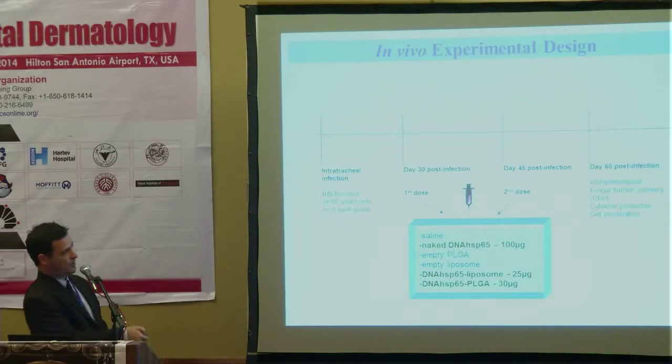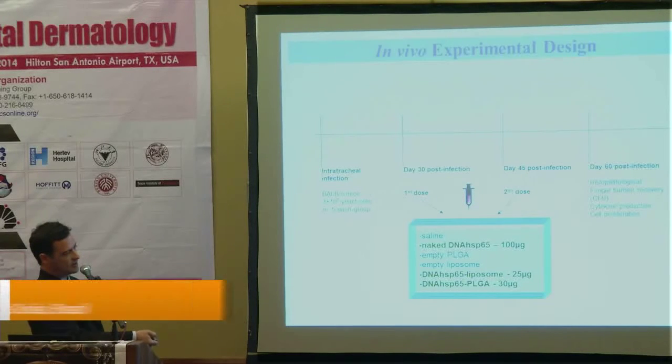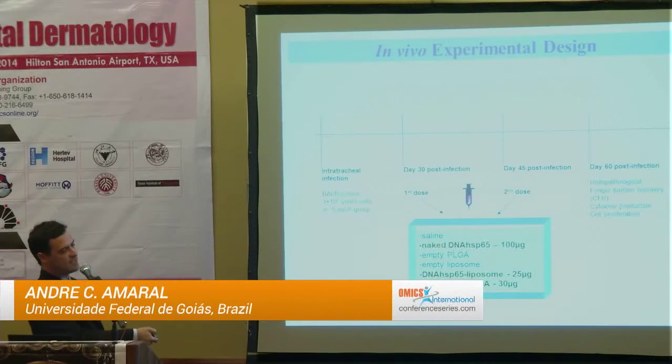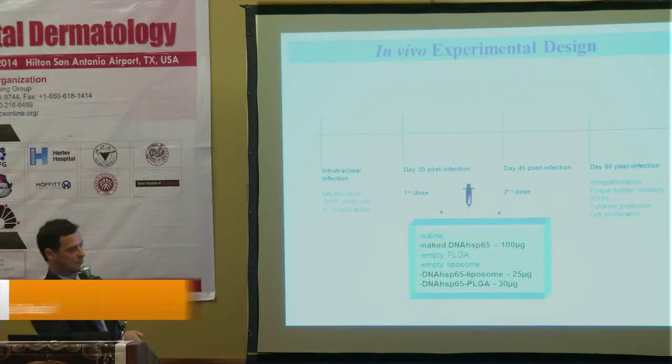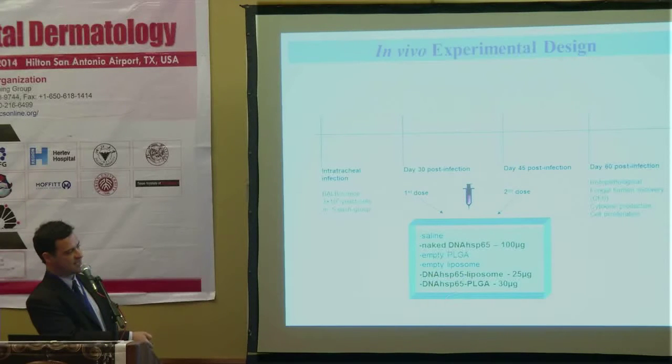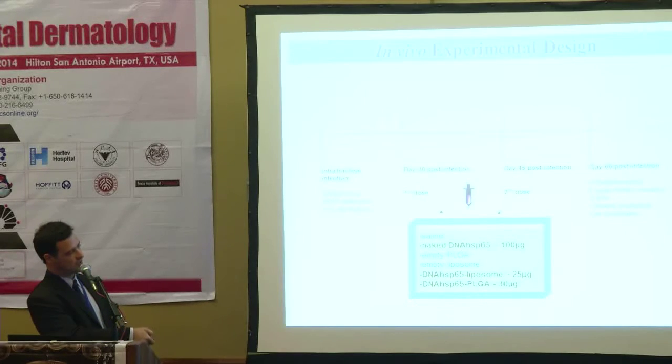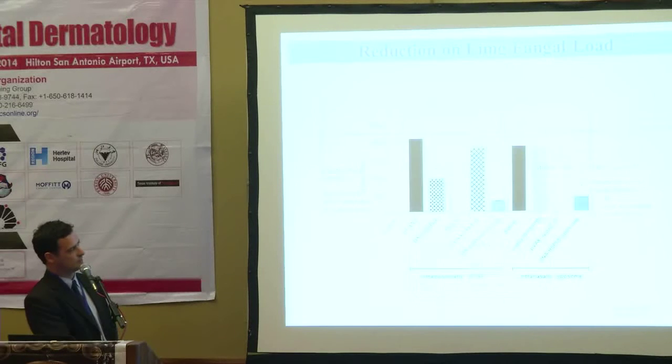For our nanoparticles, we used 25 micrograms of DNA vaccine for liposomes or 30 micrograms for PLGA nanoparticles, against 100 micrograms of naked DNA vaccine administered only in the plasmid. So it's 4 times less DNA vaccine in these nano preparations.